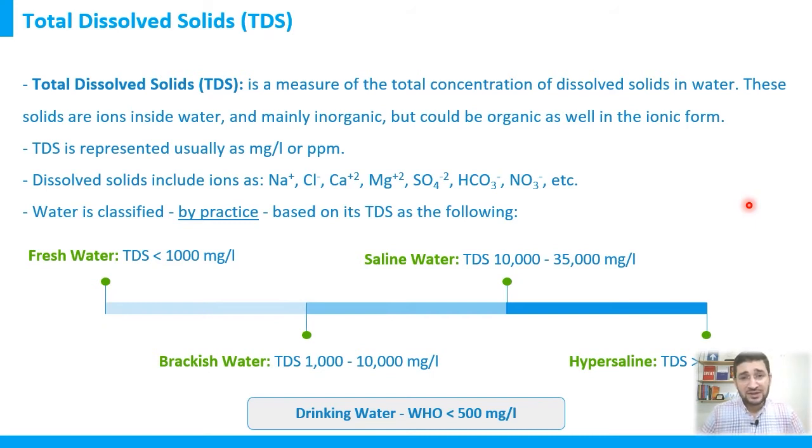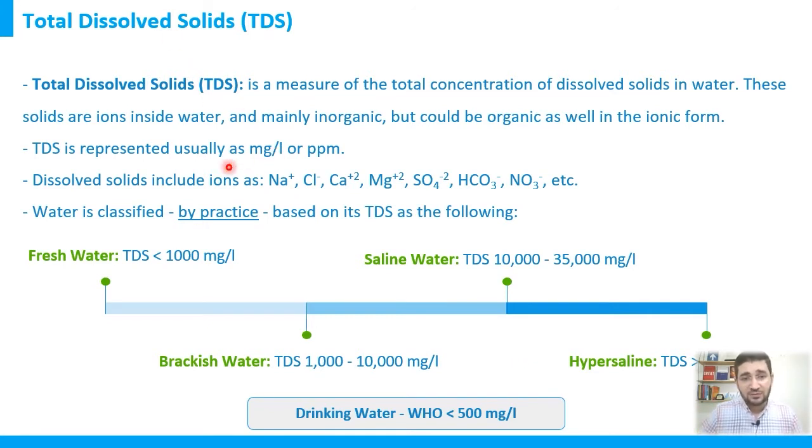Now, for your information, we classify water based on its TDS according to USGS into 4 categories. Maybe these categories are not classified the same in your country, but this is a general US classification.